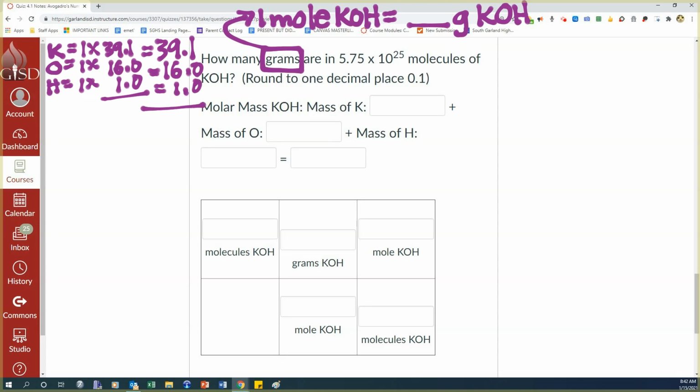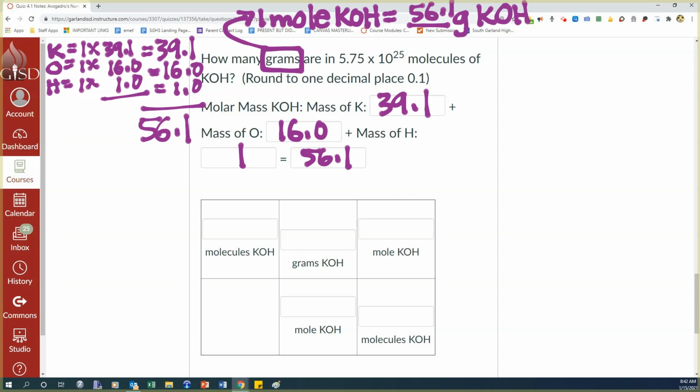Add them all up and what do you get? 39.1 plus 16 plus 1 and I get 56.1. Okay. And that is my molar mass, 56.1. Again, guys, if we do it their way, mass of K is 39.1 plus the mass of O is 16 plus the mass of H is 1, and this is 56.1.